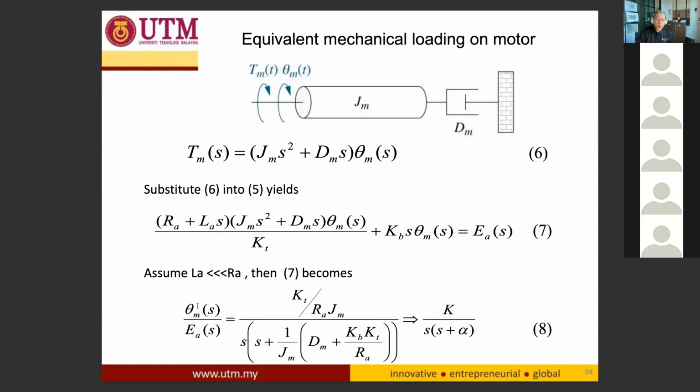So come back to this equation. This equation is the transfer function of the DC motor, theta m divided by Ea. Theta m is the angular displacement and Ea is the voltage supply or the input.